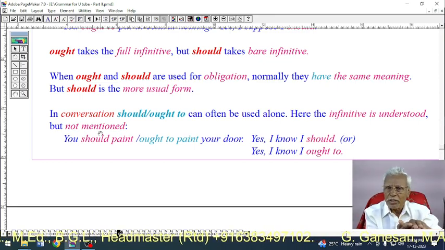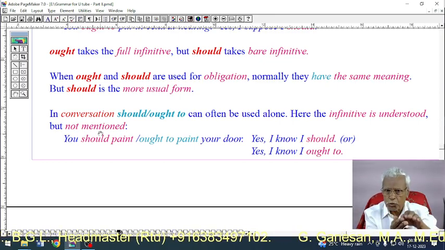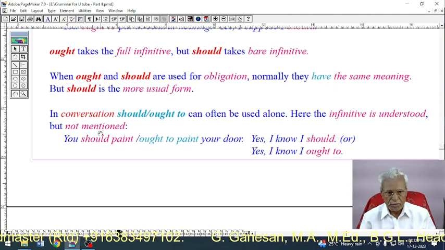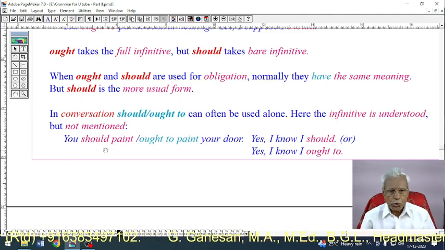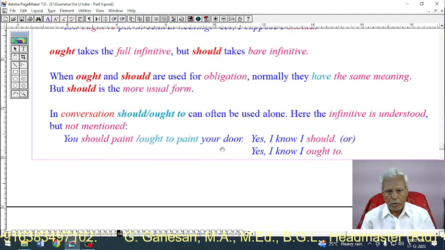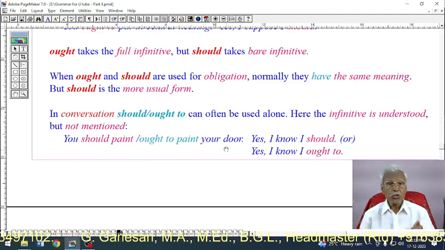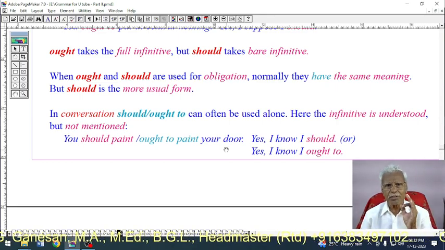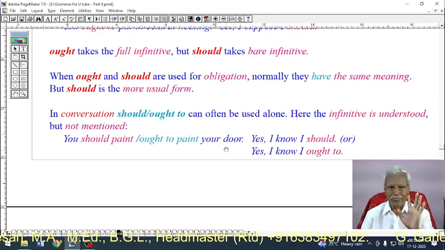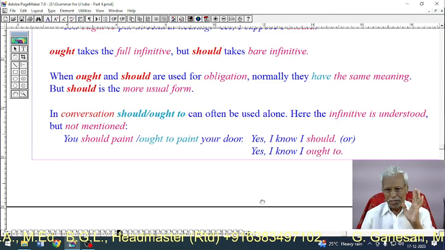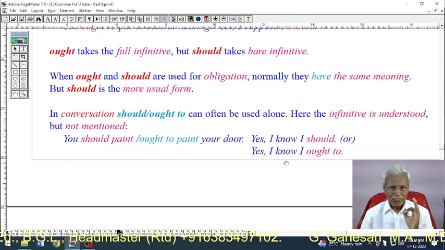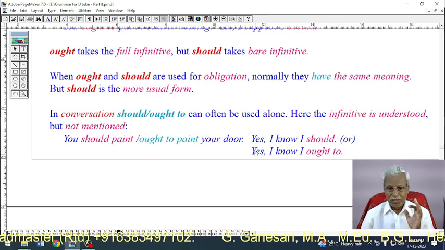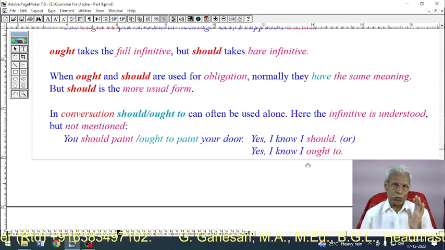The auxiliary, that is ought to or should, is enough in the answer. You should paint your door, or you ought to paint your door. It is a must. Yes, I know, I should. Yes, I know, I must. Or yes, I know, I ought to.